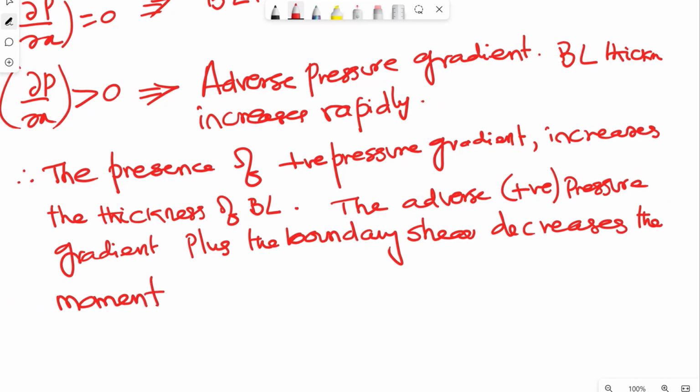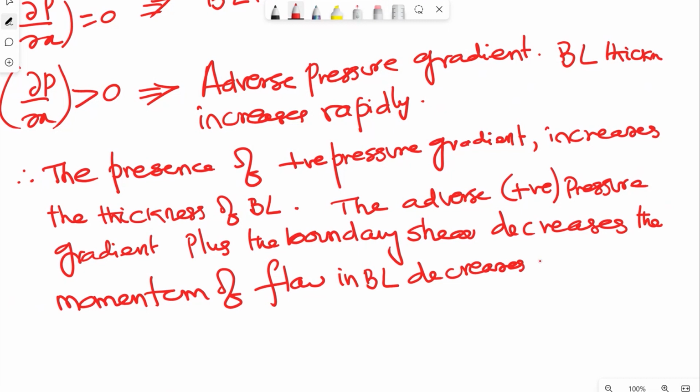Why? Because positive pressure gradient means pressure is increasing from point to point. That means velocity is decreasing. Velocity decrease means automatically the thickness of the boundary layer should increase. The momentum of flow in the boundary layer decreases.